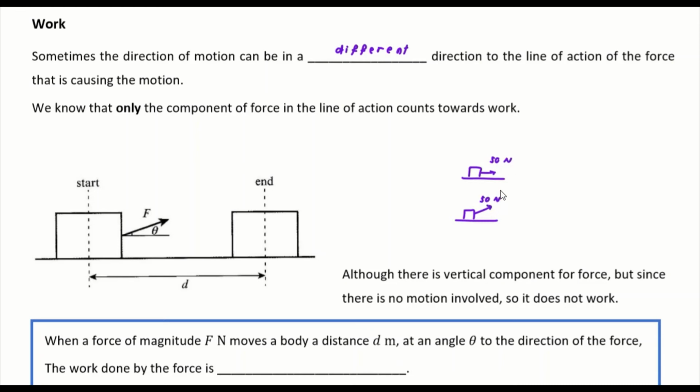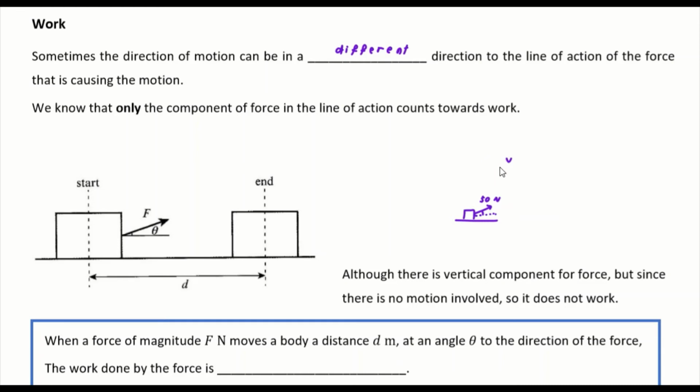But only the force that is parallel to the line of action will actually contribute completely and count towards the work done. So the force that actually caused this object to move is smaller than 50. When you try to resolve it, we get 50 sine something, right? When you take sine theta, it's going to give you a number like 0 point something. So when you use 50 times that, it's going to give you a smaller value.